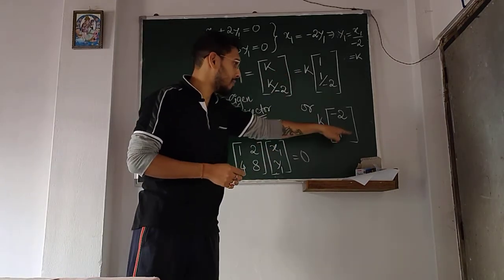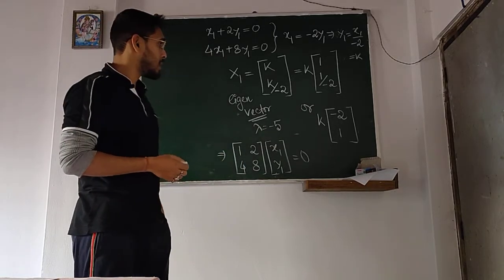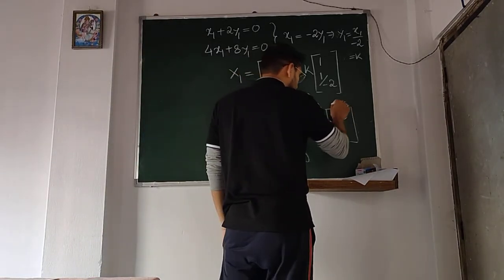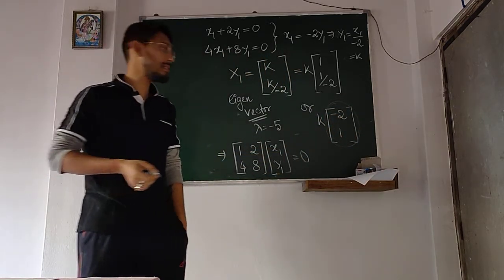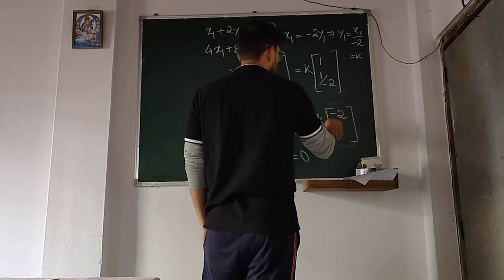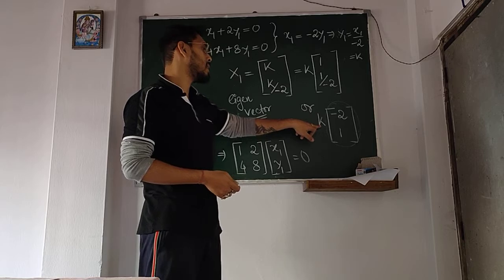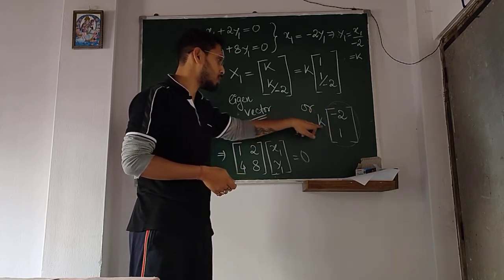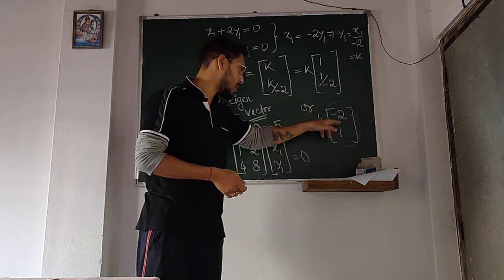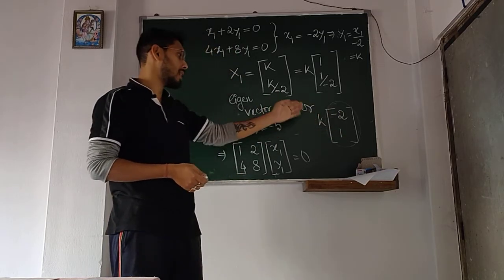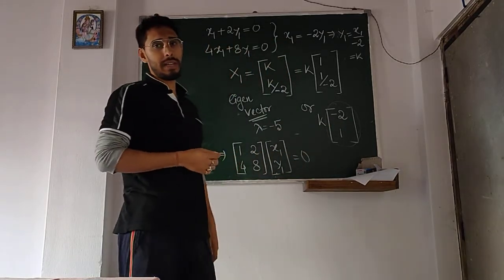Now out of this, k is the constant one, and these particular vectors are known as linearly independent vectors, because these are independent of any value of k. This will always remain like this. You put k is 1, this will remain like this. You put k equals 2, this will remain like this. So for any random value of k, this will not change. So this is independent of the value of k. That is why this is named a linearly independent vector.